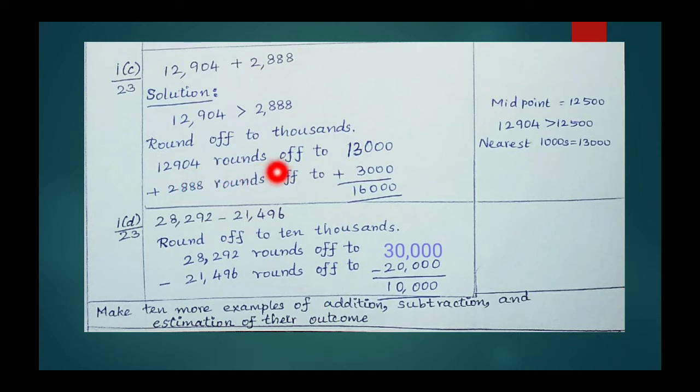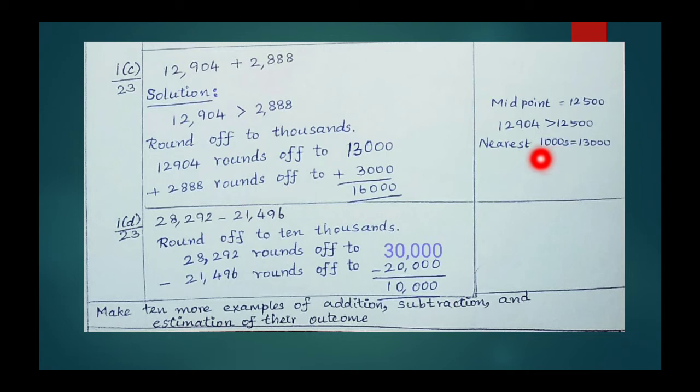12,904 rounds off to 13,000 because 12,904 lies between 12,000 and 13,000. Mid value is 12,500. Here 904 is there. It is greater than 500. So 12,904 is greater than 12,500. So nearest thousand is 13,000.